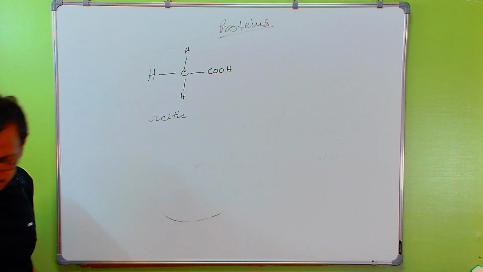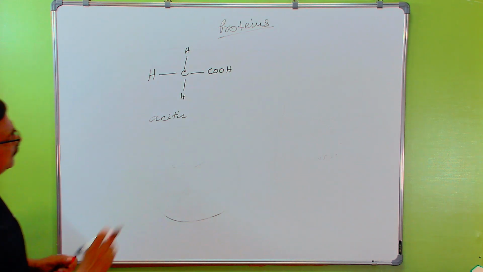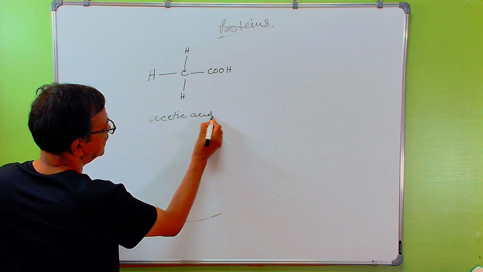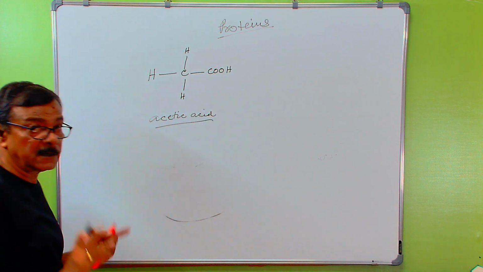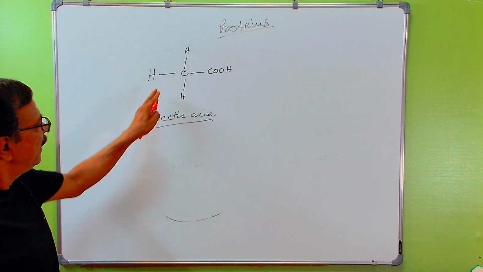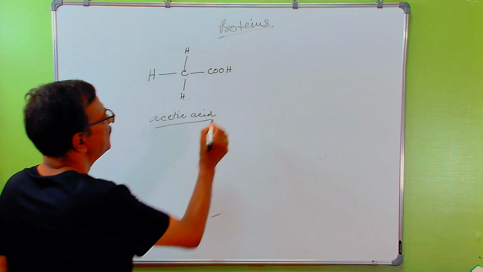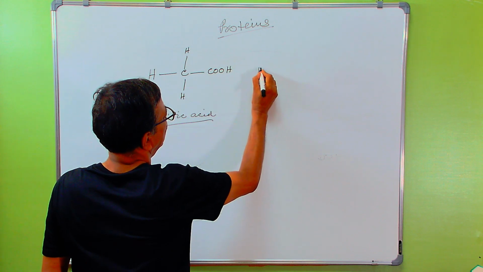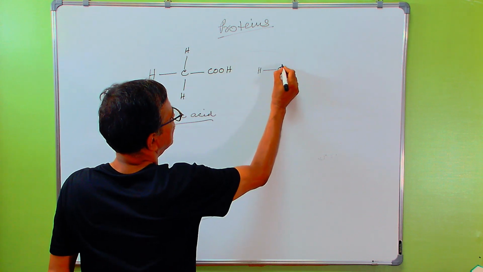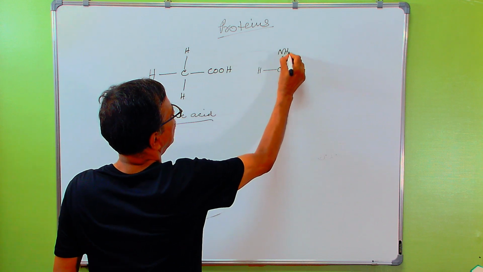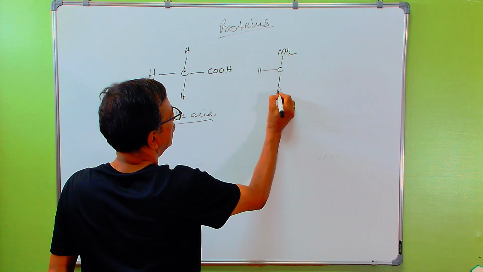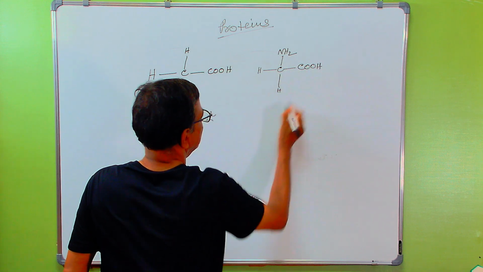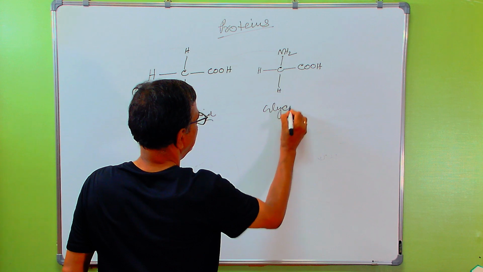Acetic acid, CH3COOH. This is the formula of acetic acid, not amino acid. In amino acid, H, C, this is glycine.